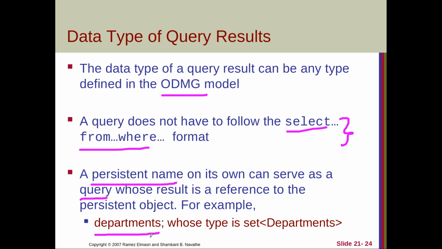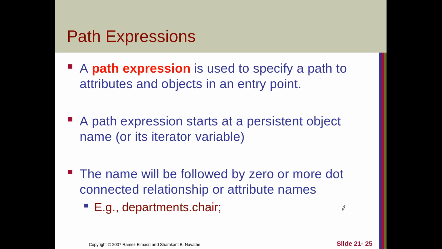Simply providing departments semicolon serves as a query, whose result is a reference to the persistent object, a reference to the entire object that holds all the objects for that particular extent name. And its default type will be set of departments, a group of departments.